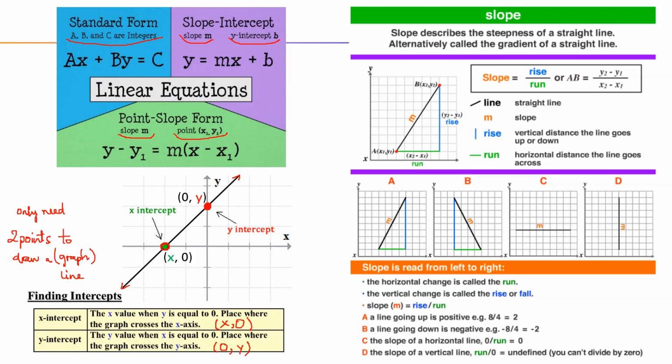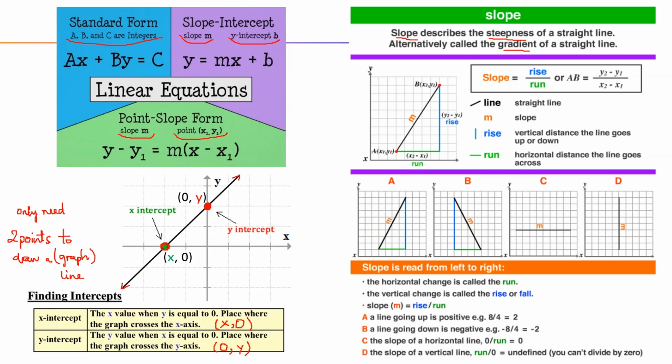The slope describes the steepness of a straight line, alternatively called the gradient of the straight line. Gradient, steepness, slope are the same. For the slope, we have rise.